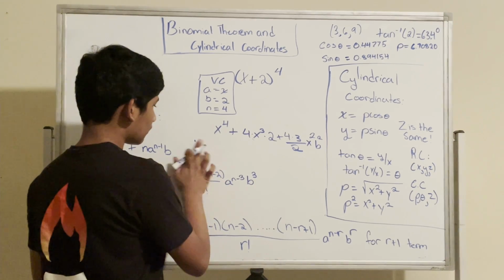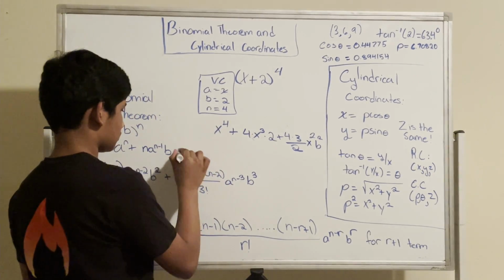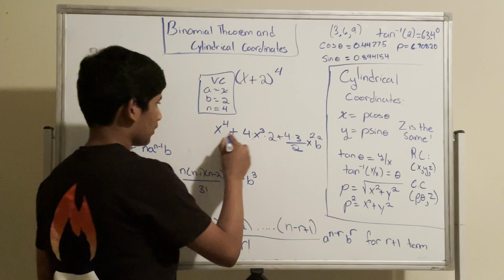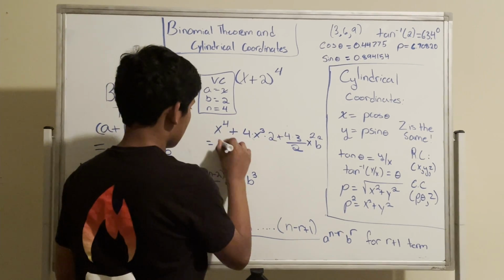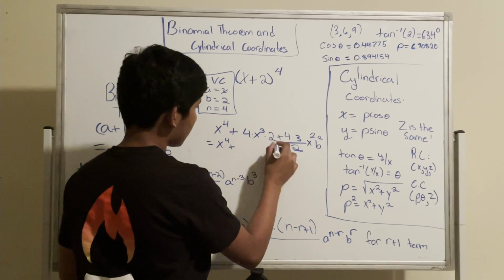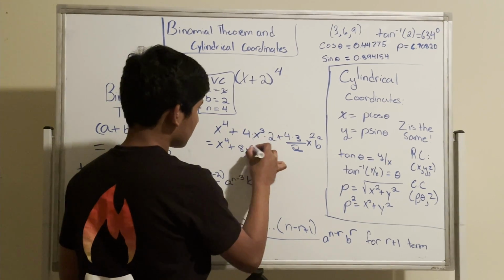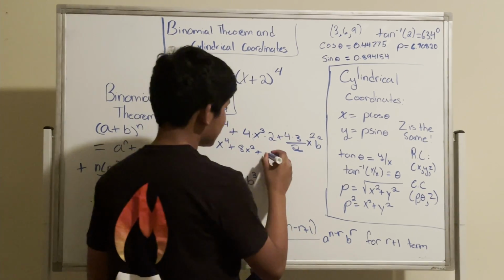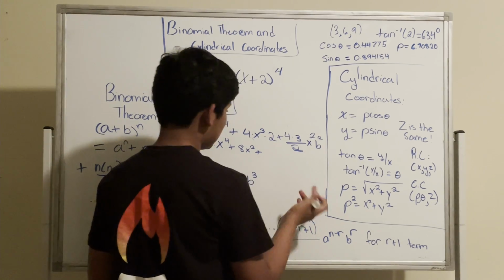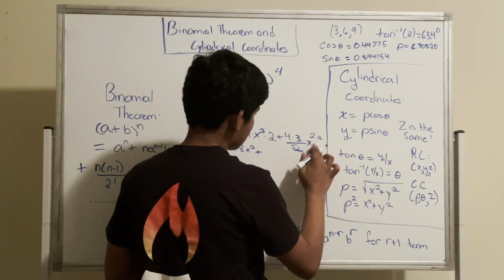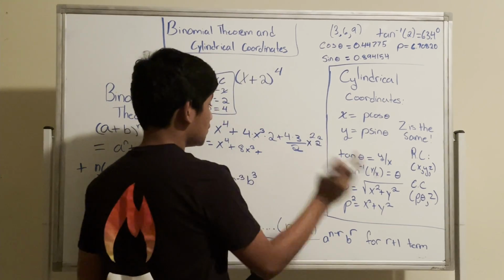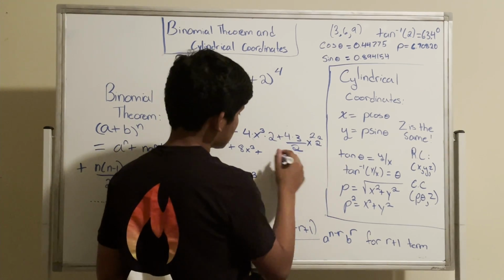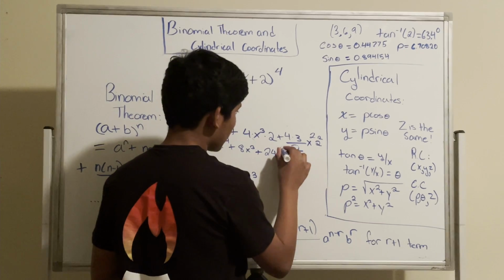So we have x raised to the power of 4 plus 4 times 2 is 8, 8x cubed, plus 4 times 3 is 12, 12 divided by 2 is 6, 6 times b, now we have to plug in b is just 2, so that's 2 squared, so 2 times 2 is 4, so we have 12 times 2 is 6, 6 times 4 is 24, 24x squared.